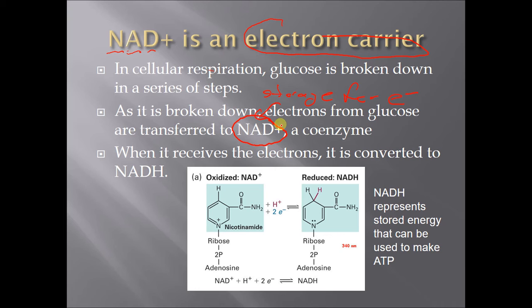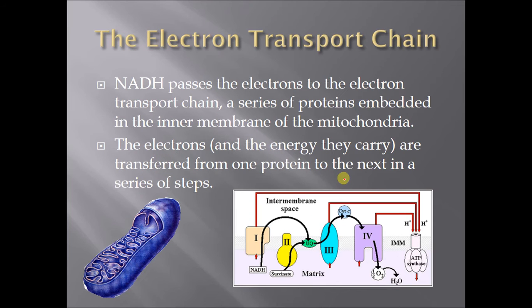So NAD+ gets reduced, it gains those electrons, and it stores them to convert into ATP energy. When it is reduced, it is converted to the form NADH. This means energy potential. This means we have some electrons. And this is what NAD+ and NADH look like.